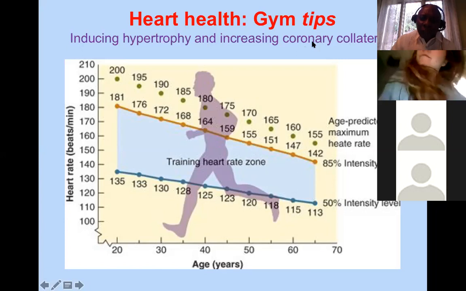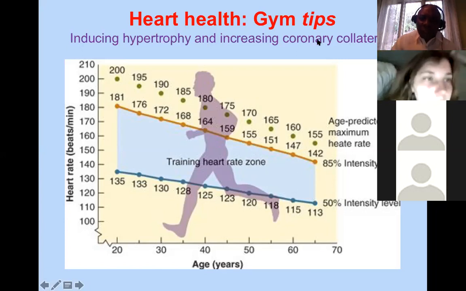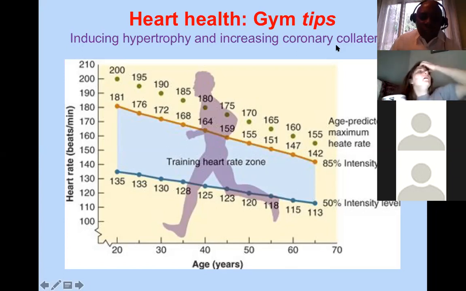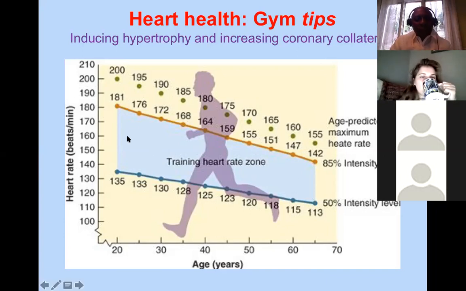So in case there's a heart attack, so this is like an insurance for a heart attack. In case there's a heart attack, the heart would deviate the blood into the collaterals and avoid a heart attack. So that's the importance of the collaterals. Now let's look at the table.